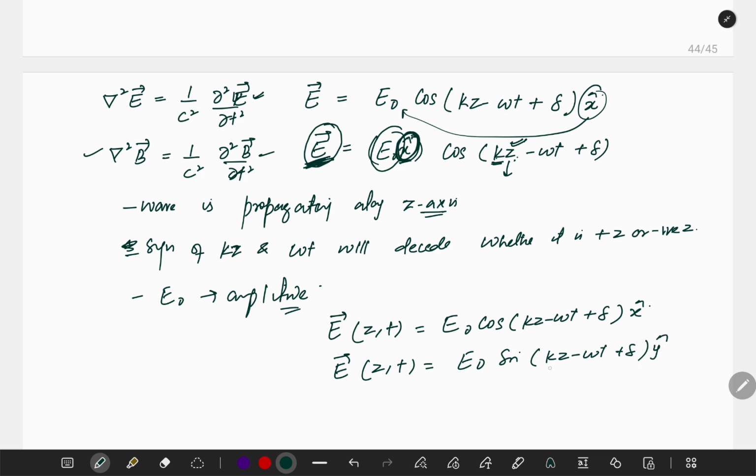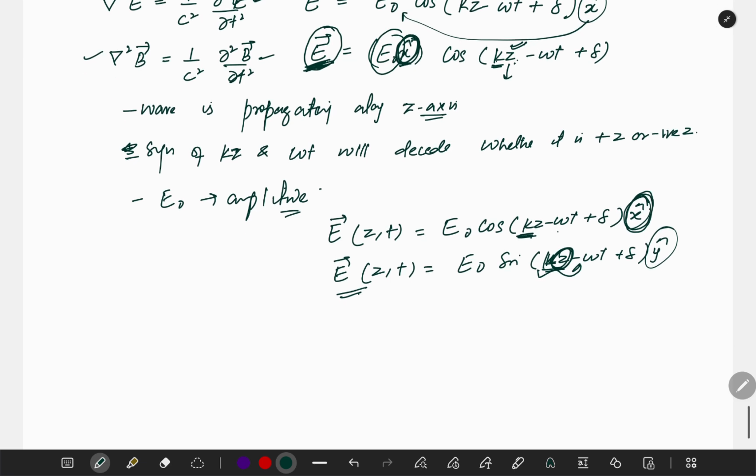So you can see the wave is traveling along z because the signs are opposite, and the electric field is varying along y. Here it is along x. The wave's direction is given by the coefficient of k, and the direction here is always given by the vector. We say it is the direction of polarization. Direction of polarization. It is a very important point.